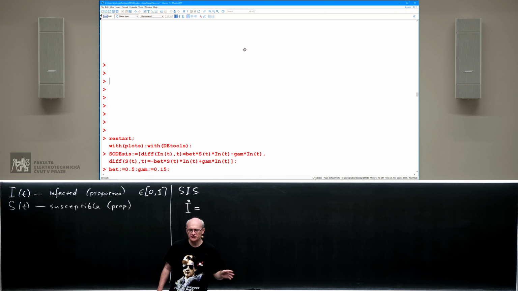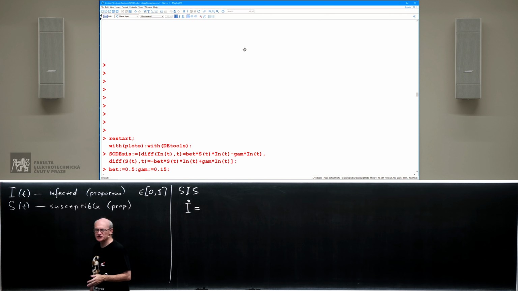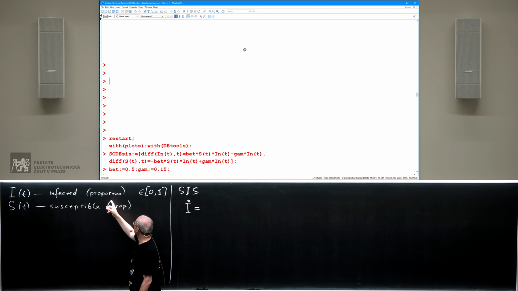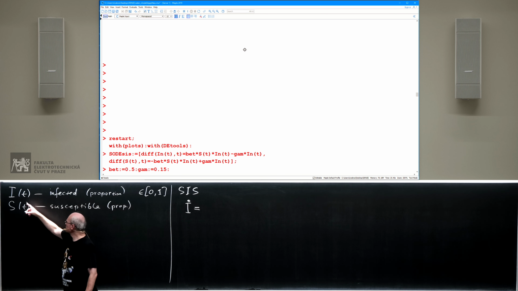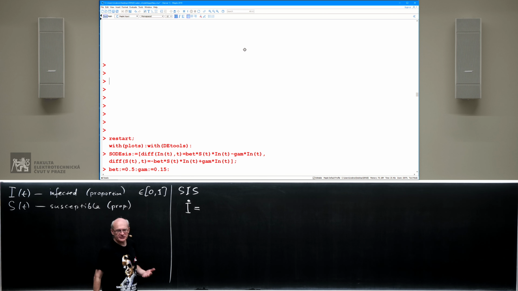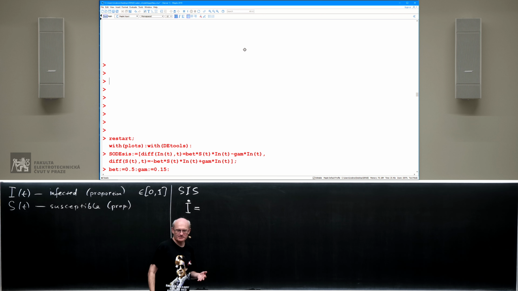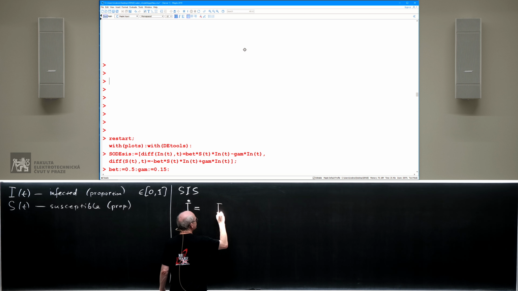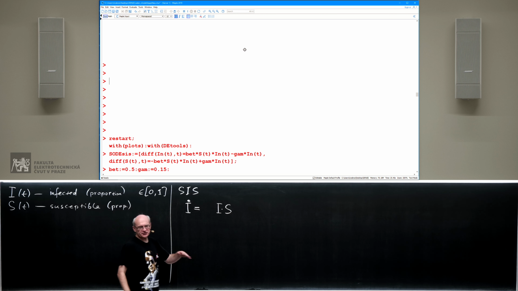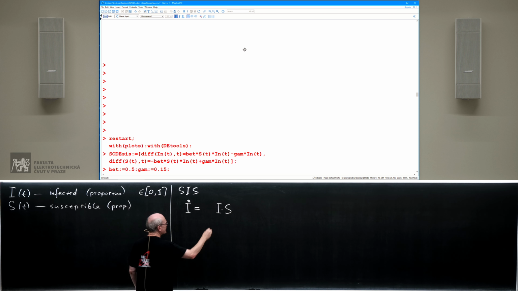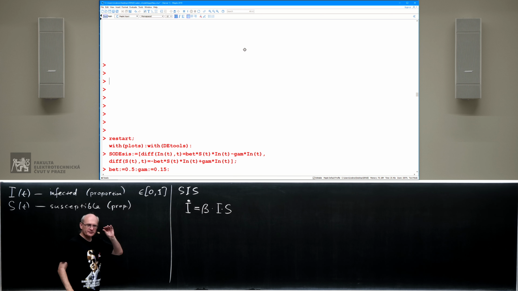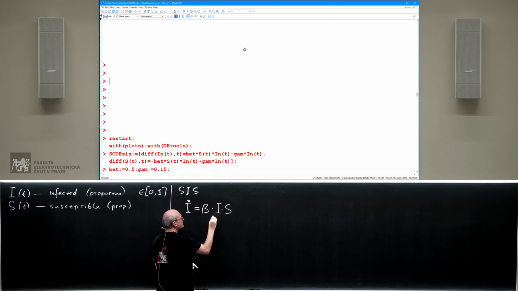Now, for that, we have to go to people from probability statistics, and they tell us that when you have proportions of some groups, and that's the advantage of having proportions, if you multiply them, then you essentially get the probability that they meet within a specific time interval. So I multiply I by S to essentially show the chances of their meeting, and I multiply it by some constant beta, which fixes the probability to be exactly the right number, and also includes information about the disease.